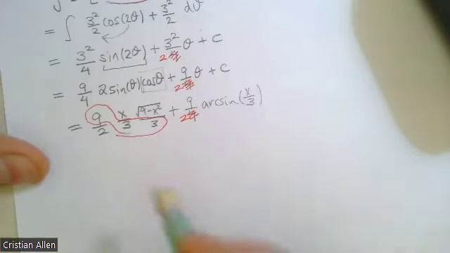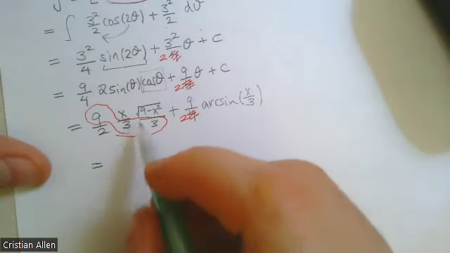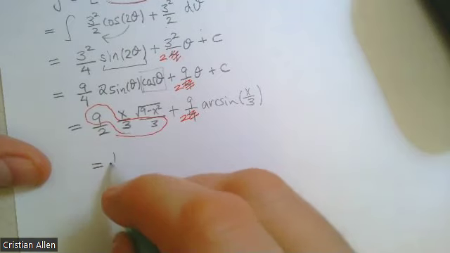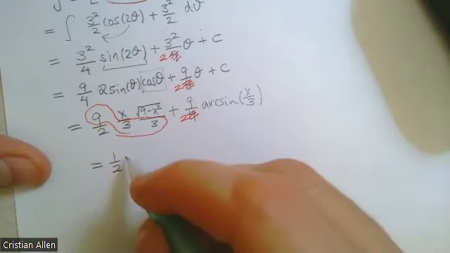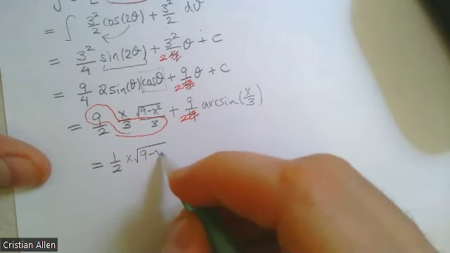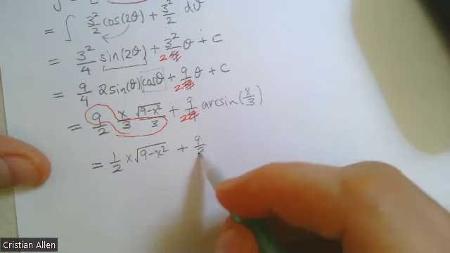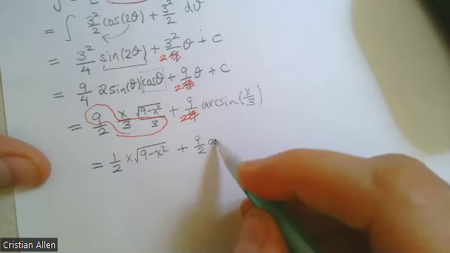Okay, so let's go ahead and put a final answer down. Is there any way to simplify this? We have 1/2 x times the square root of 9 minus x squared and 9/2 times the arc sine.